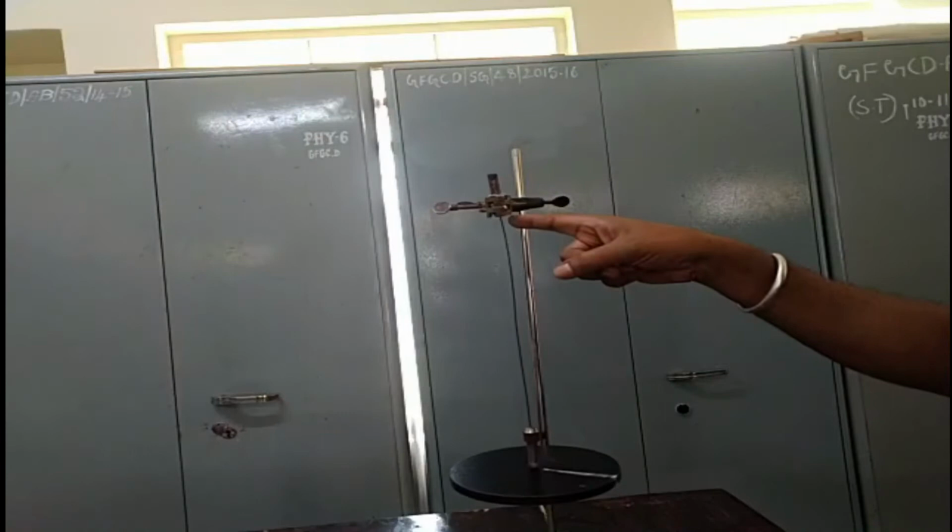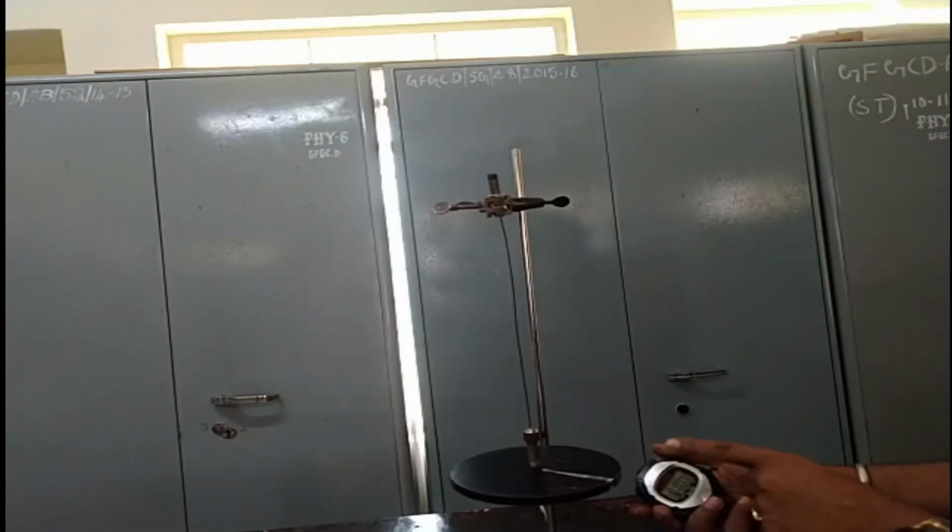Then I will start the oscillations by rotating the circular plate like this, and I will leave it. What happens when the body is rotated? You can observe that the steel wire undergoes a twisting effect at the fixed end. Due to the elastic property of the steel wire, it performs continuous oscillations by itself.